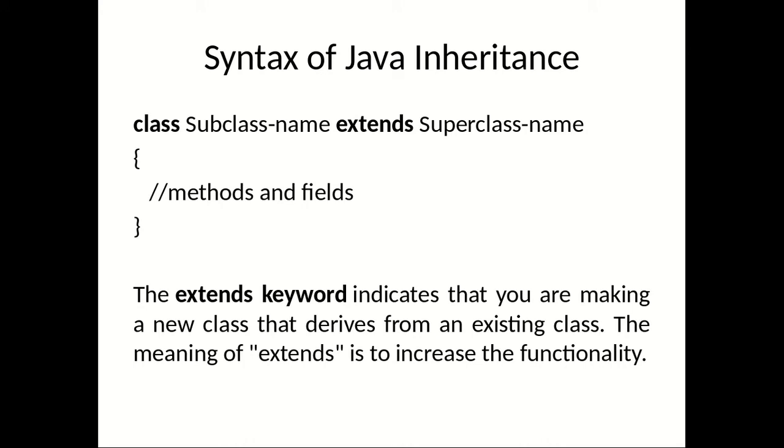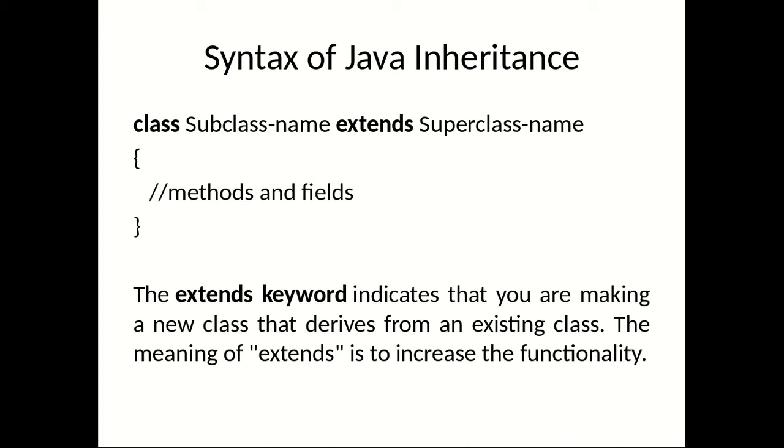Now let's see the syntax of Java inheritance. This was also discussed in the syntax for class. class subclass name extends superclass name. For inheritance, there should be a minimum of two classes. One class will act as the parent class and the second class will act as the child class.